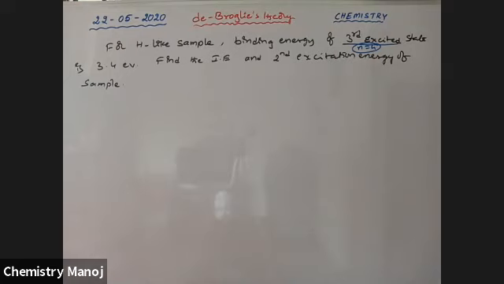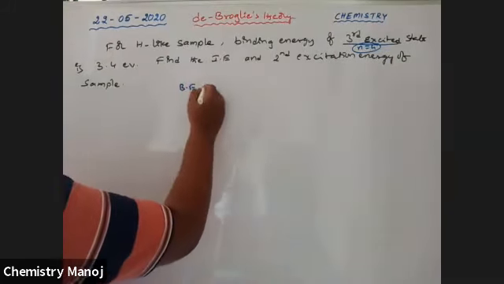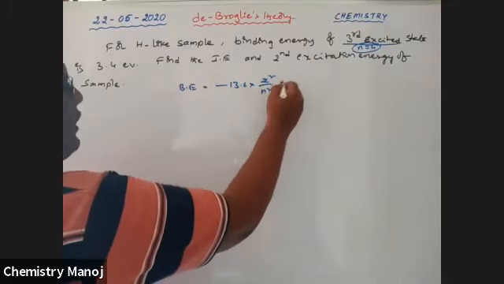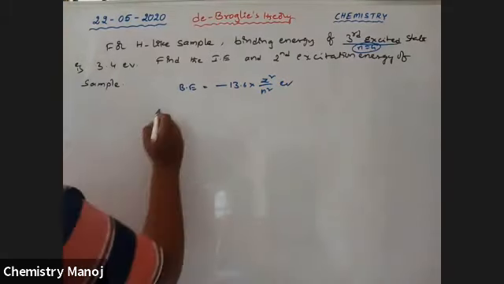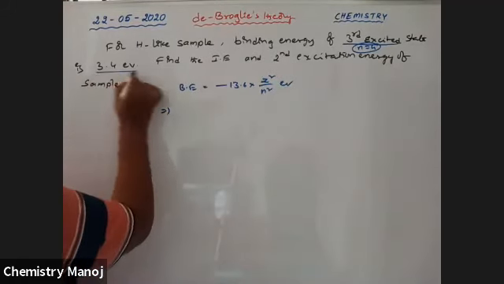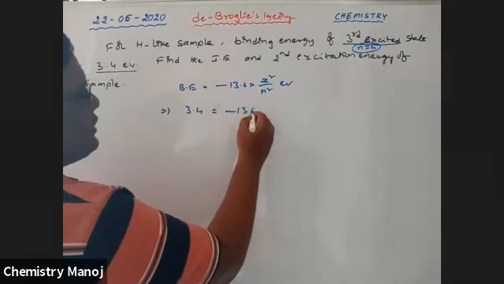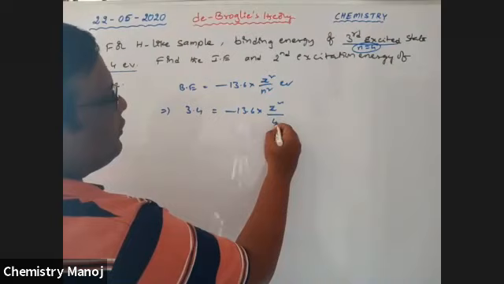Binding energy is equal to minus 13.6 into Z square by n square electron volts. The value given is 3.4 electron volts, so 3.4 is equal to minus 13.6 into Z square by 4 square.